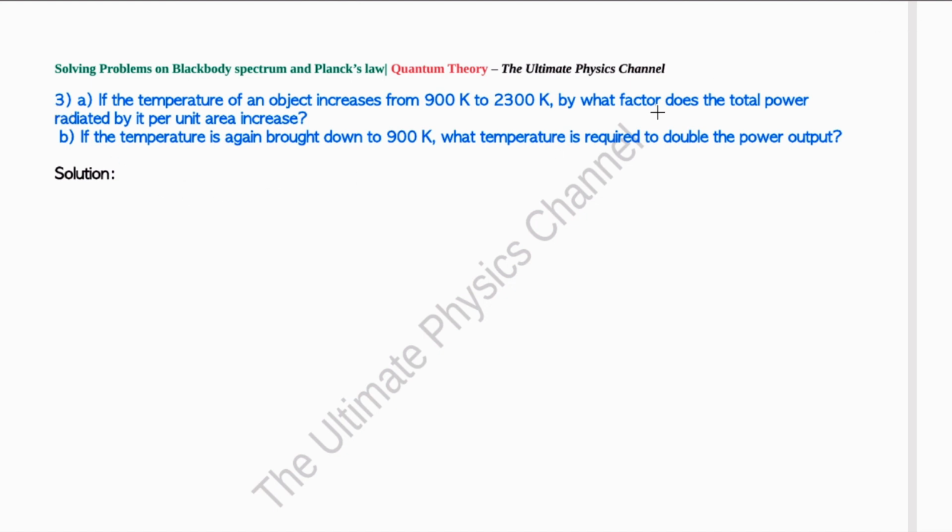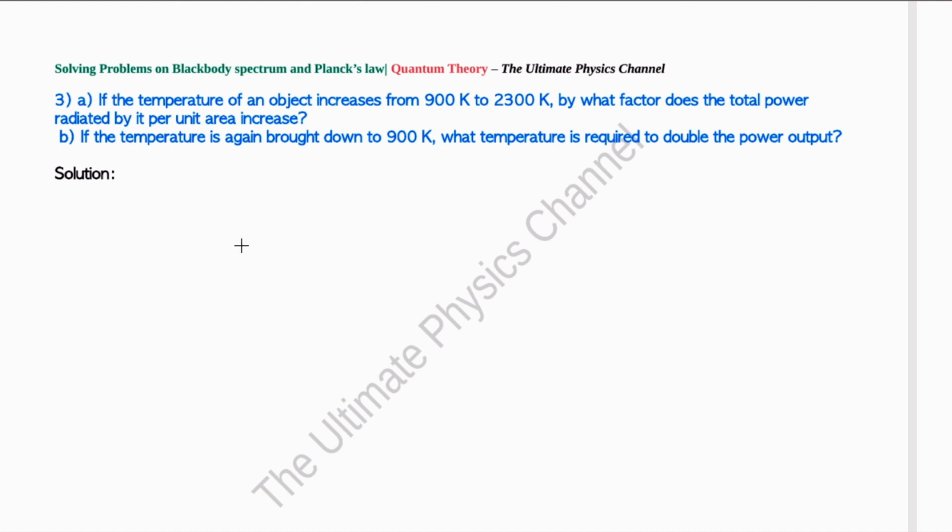Third problem: if the temperature of an object increases from 900 Kelvin to 2300 Kelvin, by what factor does the total power radiated by it per unit area increase? There is part B there. If the temperature is again brought down to 900 Kelvin, that is from 2300 Kelvin back to 900 Kelvin, what temperature is required to double the power output now? Again, this problem is an application of the Stefan-Boltzmann law, or Stefan's law.